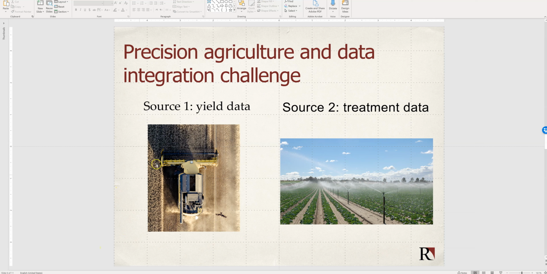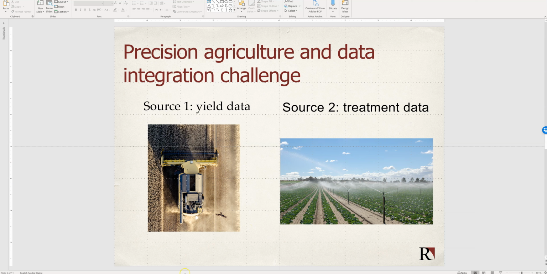You have a combine that is collecting the harvest, and also collecting some data. At whatever point these harvests are collected, it also records how much harvest was collected, and how much water was dispensed by these water stations.